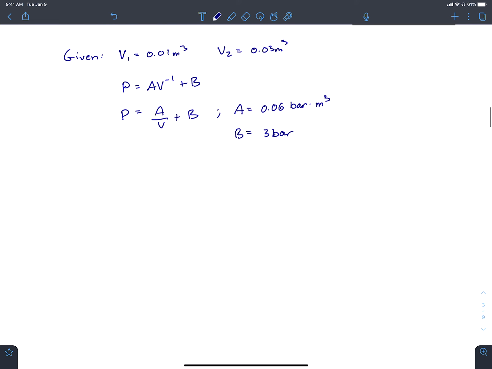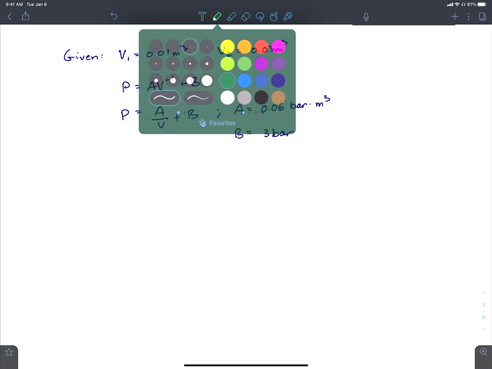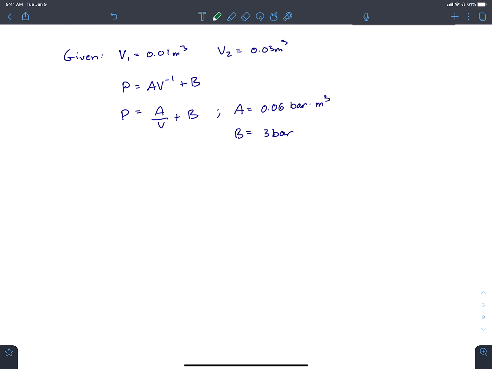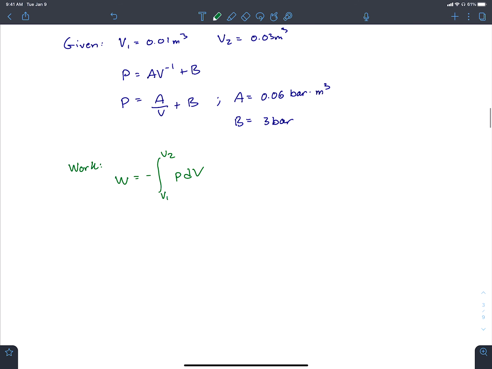And so now the equation for boundary work, which I will write in green. Work is equivalent to W equals negative the integral from V1 to V2 of P dV. And so now we just need to plug in our P, which is given by this.